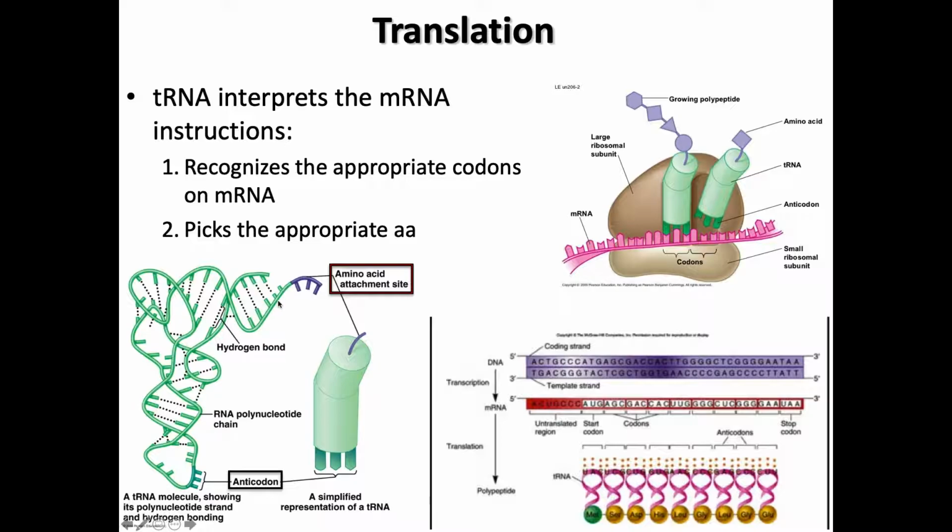At one end is where the amino acid will be carried. So here the amino acid will attach. And at the other end of your tRNA, you'll have the anticodon. Remember, the anticodon is complementary to the codon. So you'll have 3 bases here.